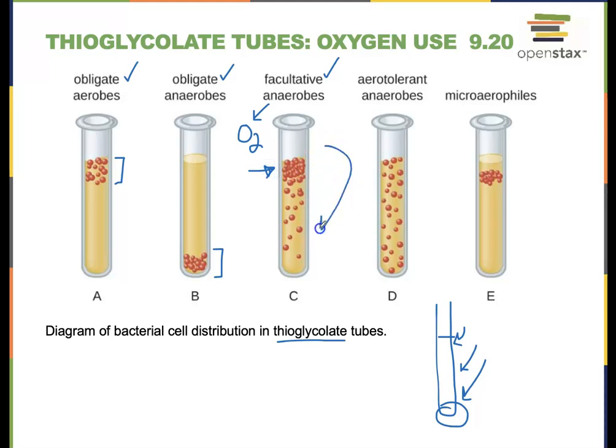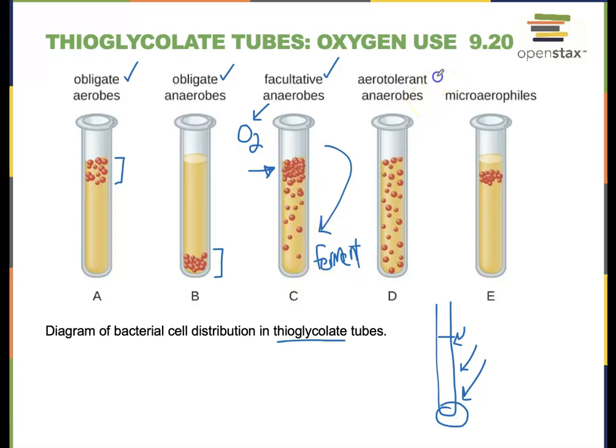However, in the low oxygen area they still grow, not as much as in the oxygen region, but they can still grow because they can ferment. Remember, they can ferment without oxygen. So you'll find that these tubes are heavy at the top, but then turbid all the way through.